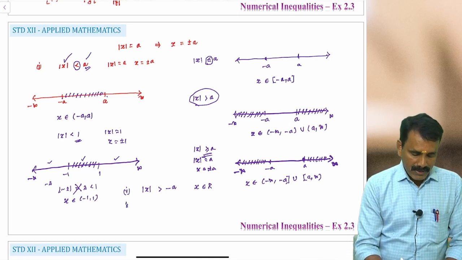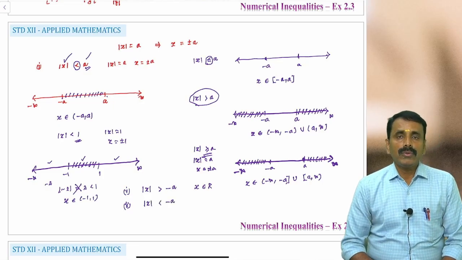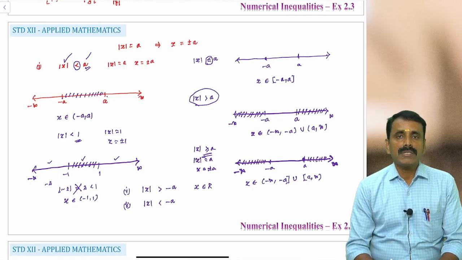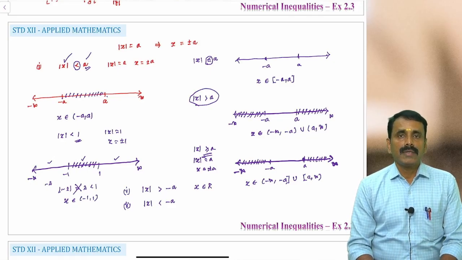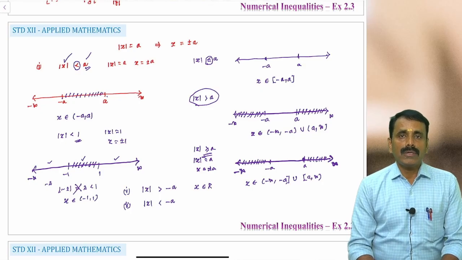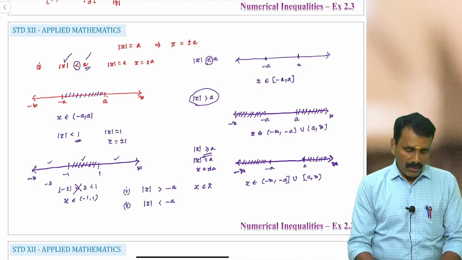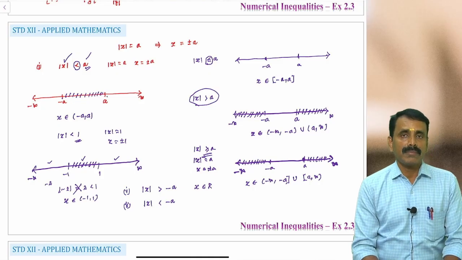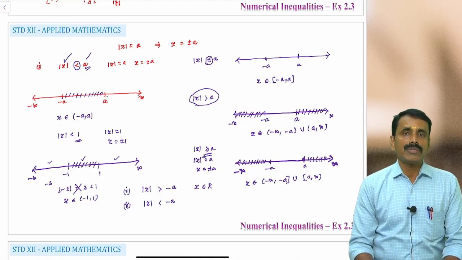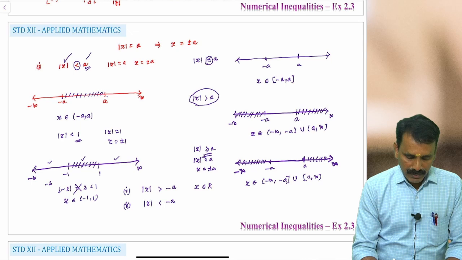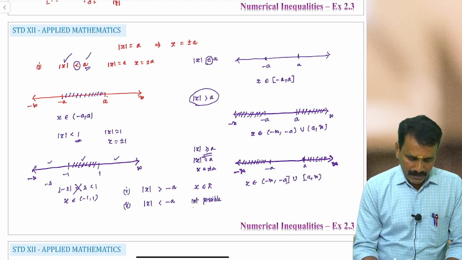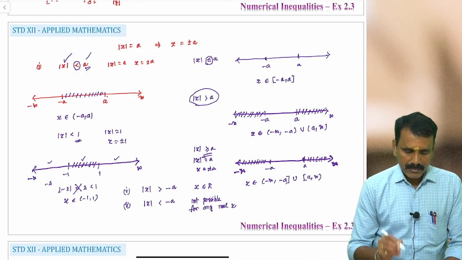The second one is, what happens when mod x is strictly less than minus a? I already told you, modulus of any expression is always positive, and to the worst it will be equal to 0, but it cannot take negative value. Now the expression says mod x is less than minus a, which is not possible for any real values of x. So this is not possible for any real x.